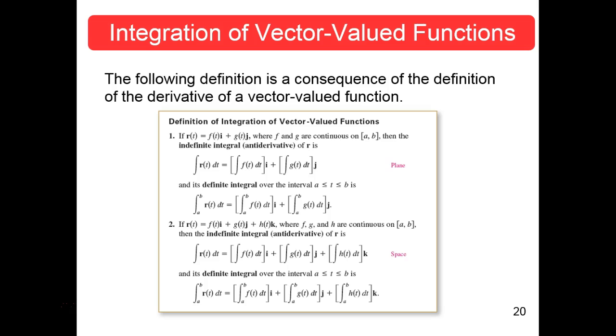So integration of vector value function r of t is f of t i plus g of t j. You could put h of t k if you had that.